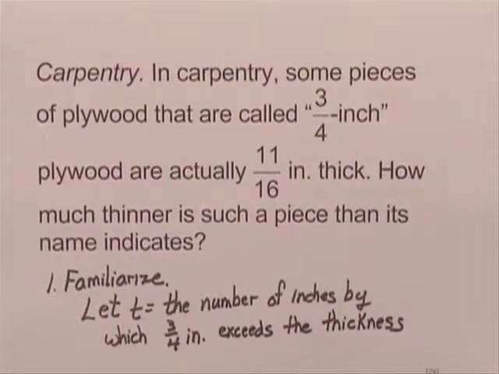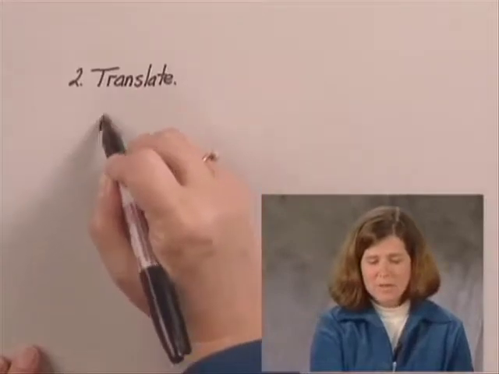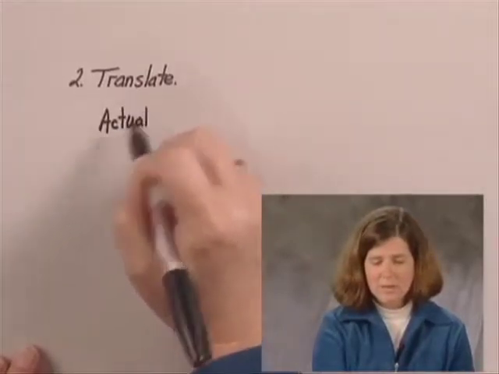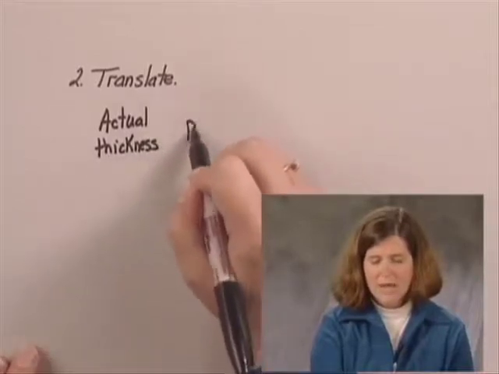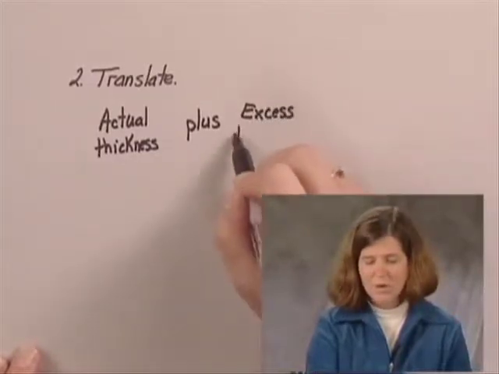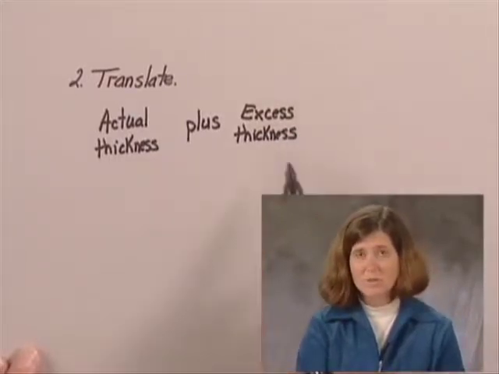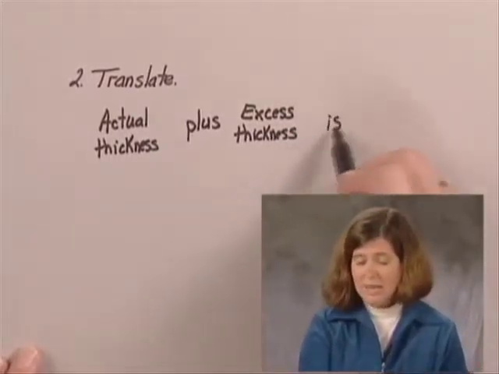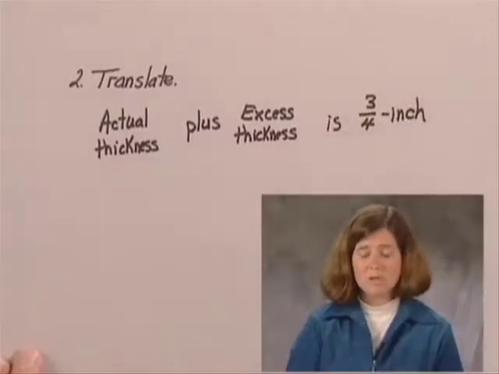Now we go to the next step of our problem-solving process, and that is to translate this situation into mathematical language. We think about the plywood, we can think of it as the actual thickness of the plywood plus the excess thickness, or the thickness we might expect it to be, but it's not, or the extra that we expect to be there that's not there, is what it's named, 3/4 inch plywood.